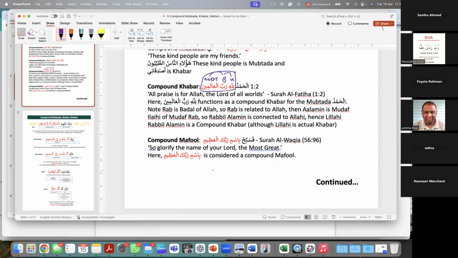This ba is zaida here. When we studied harf atf and other things, harful atf means connecting, conjunctions.